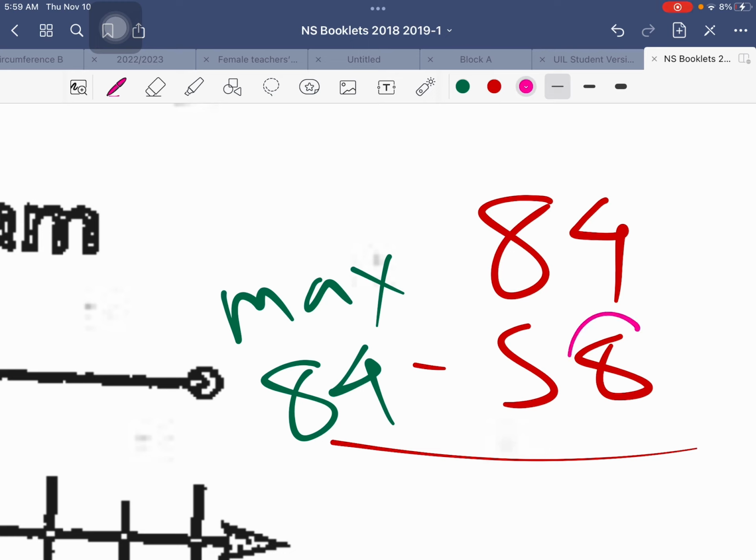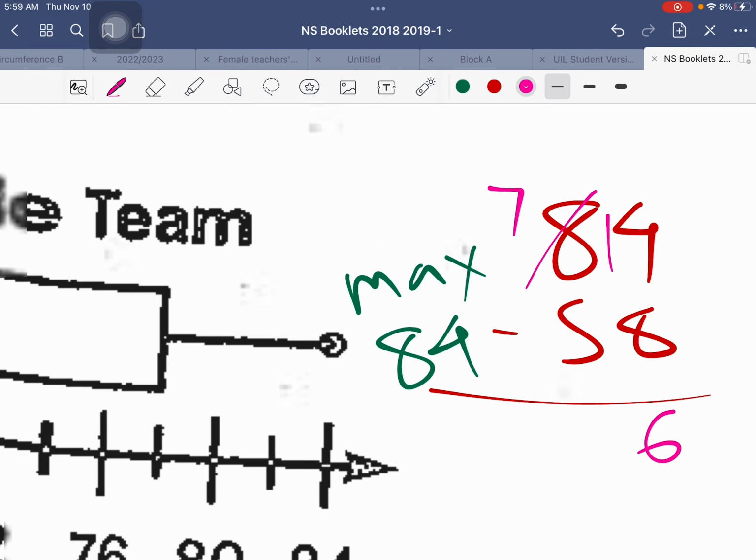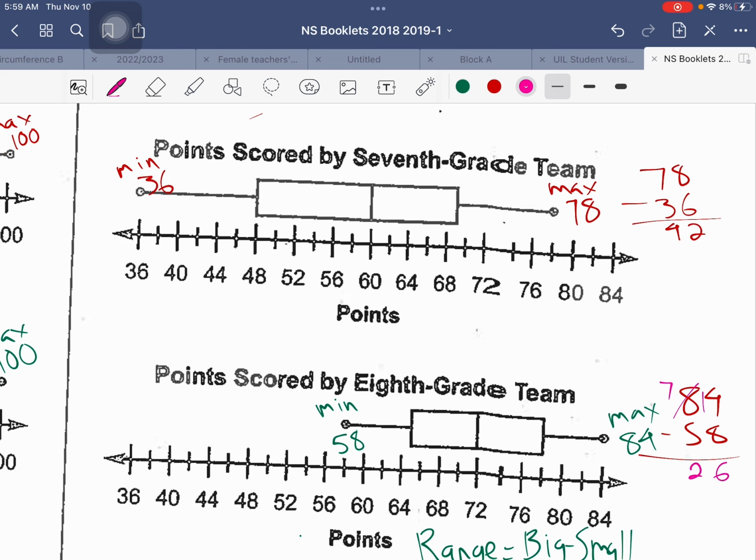Can I borrow 8 from 4? I'm sorry, subtract. No, so we're going to do what I just said. Borrow. Now, the 14 minus 8 will give you 6. 7 minus 5, 2. So, wow. A little bit of a difference between the ranges.